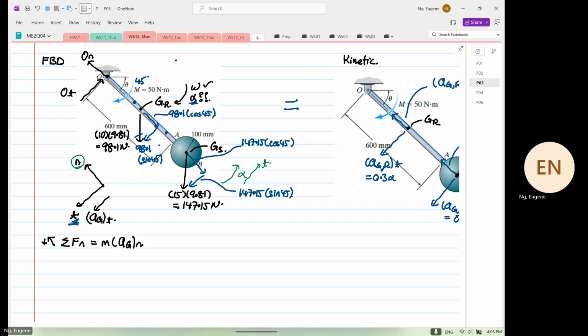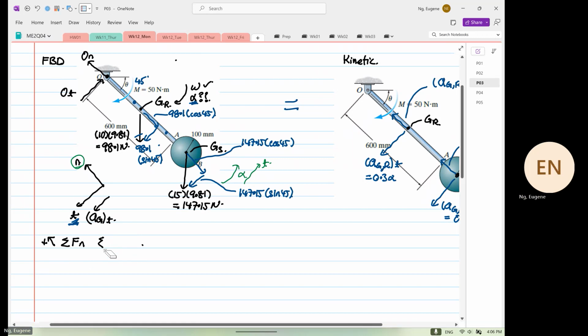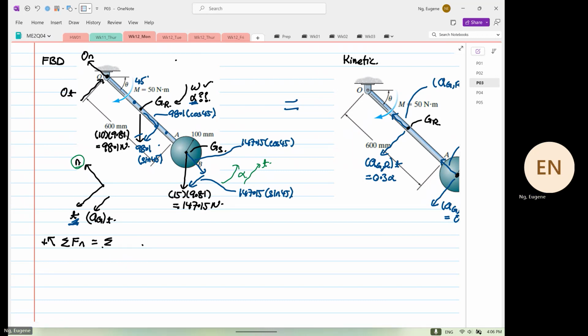I put the g over there because we're going to do a summation also, because later on we have to do the sphere and the rod.